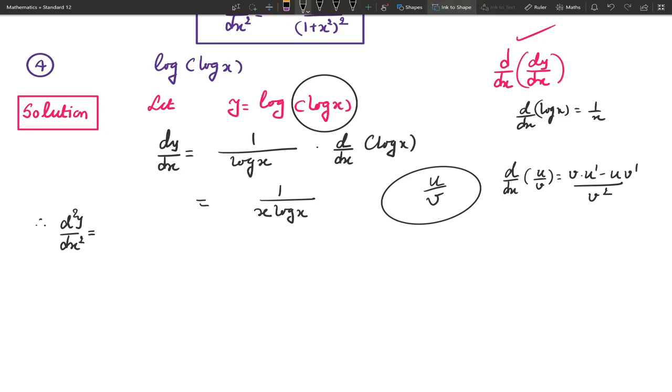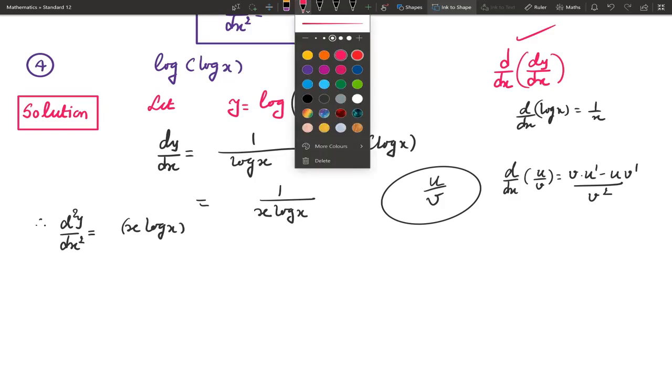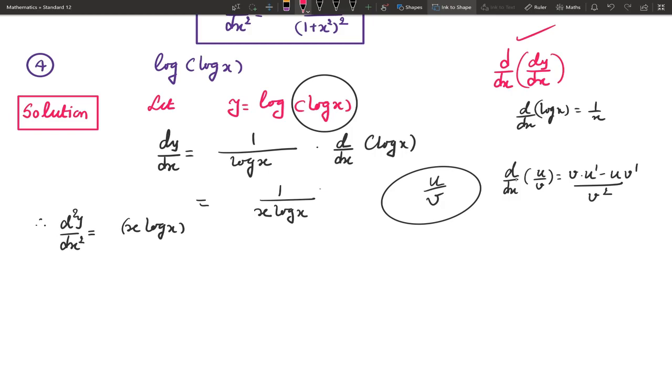So v is x log x, this is v, the numerator is u. So we use the division formula.